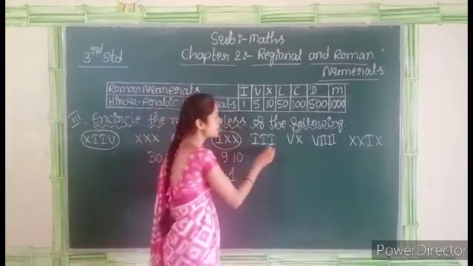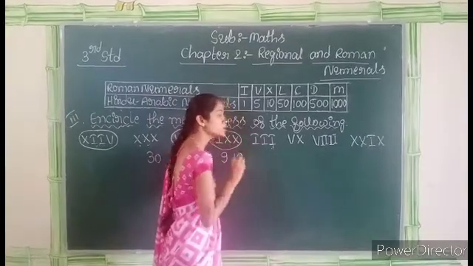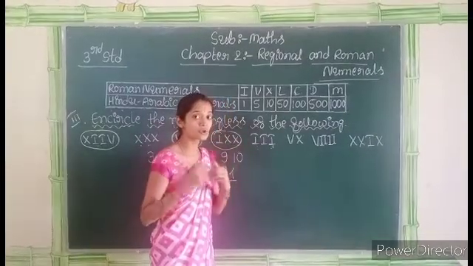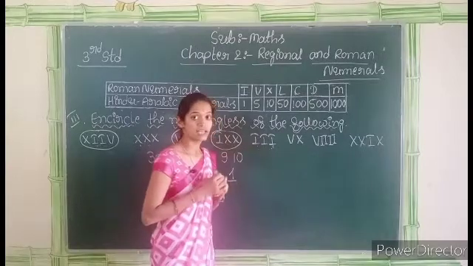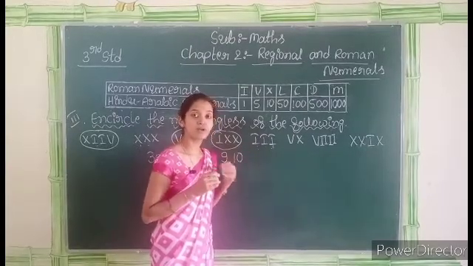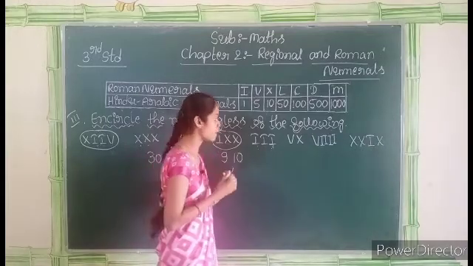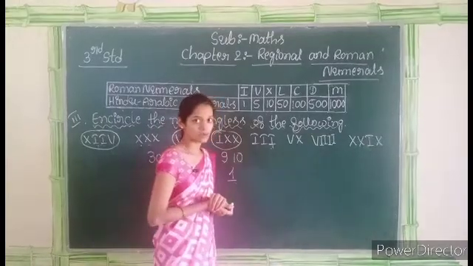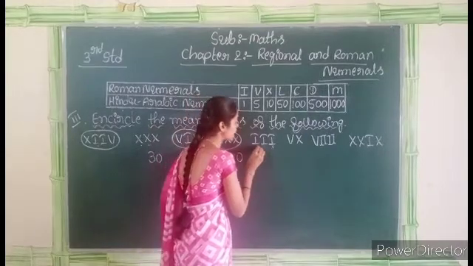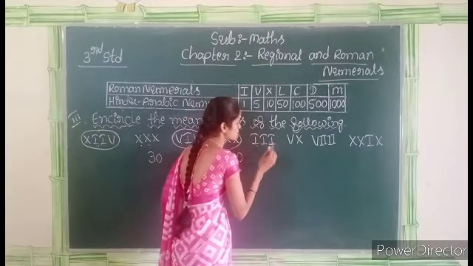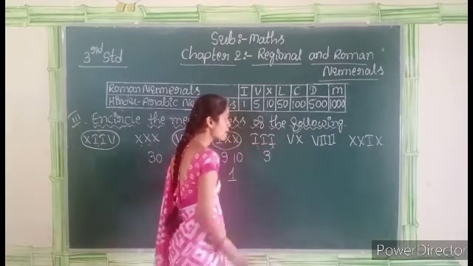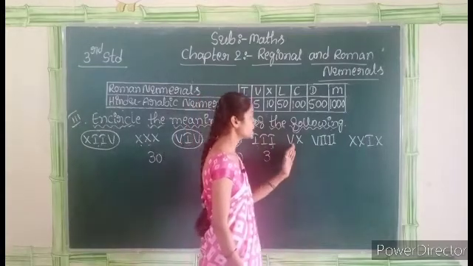Then triple I. In the Roman numeral rules, I already told you about this rule. That is, when the symbols of the Roman numerals are successively repeated, at that time we have to add these values. I represents 1, 1 plus 1, 2, 2 plus 1, 3. This has meaning. Then VX.